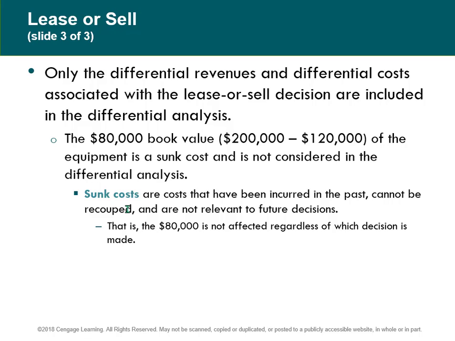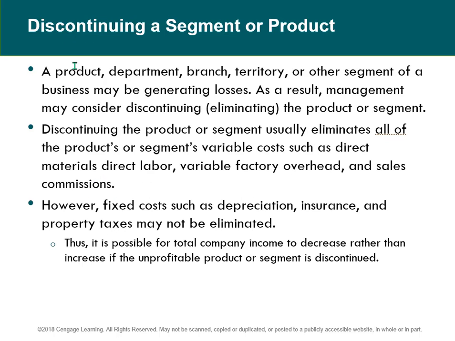Sunk costs are costs that have been incurred in the past, cannot be recouped, and are not relevant to future decisions. No matter what you do, you can't change that $80,000. So it just is. And the next one we'll start off with is discontinuing a product or a segment of business.